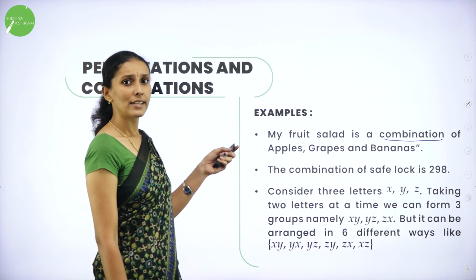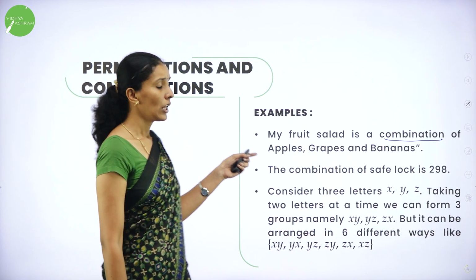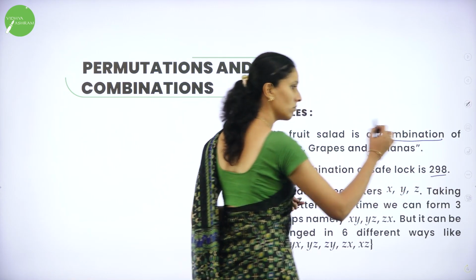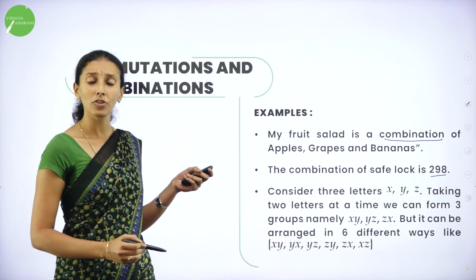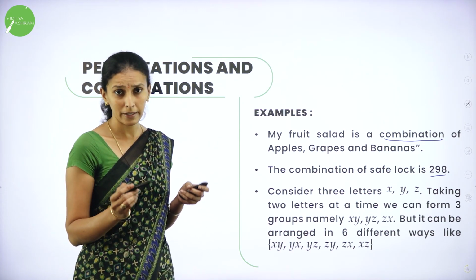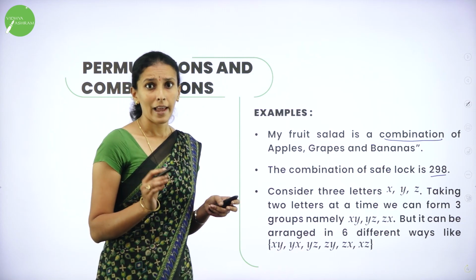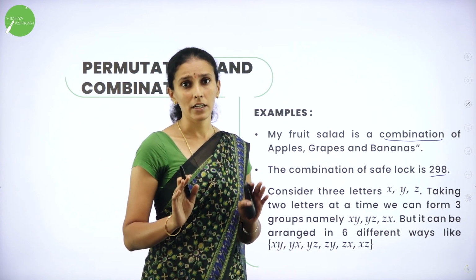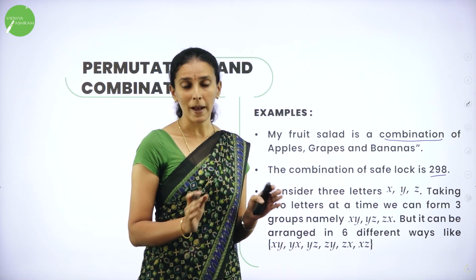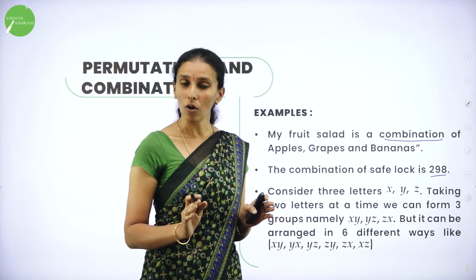Next, I'm going to take an example: the combination of a safe lock is 298. What do you think? Is it a permutation or combination? For example, your mobile phone, you keep a secret password, like 1991 you have chosen. Suppose if you put 1992, the mobile will not open.